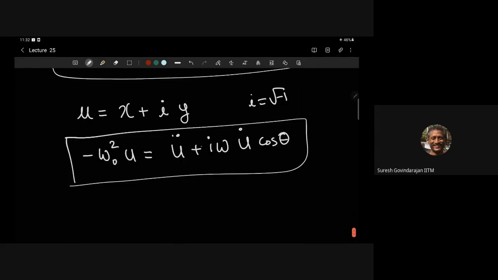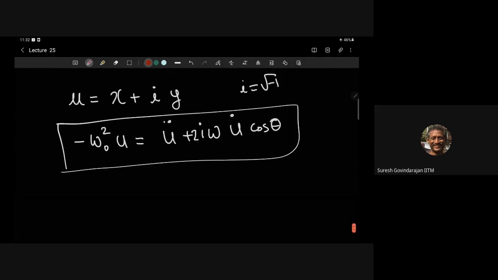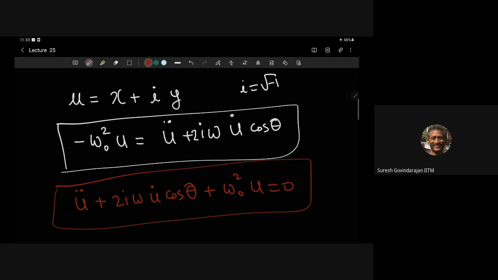Now we need to solve this equation, which I will write in a different color. Can you see the red color? Yes, sir. So this is the equation that we need to solve.